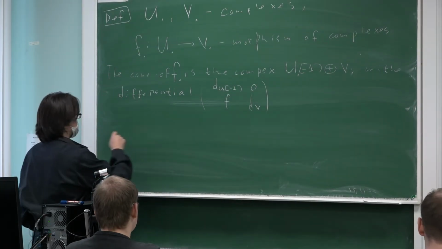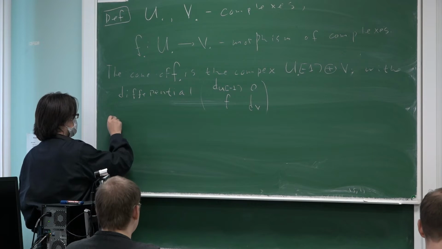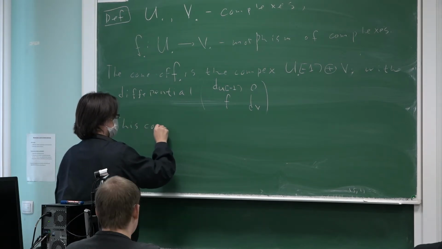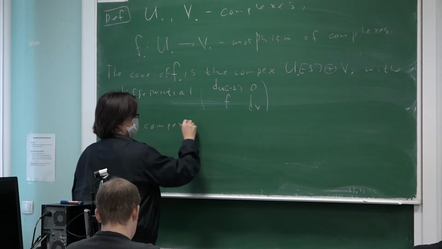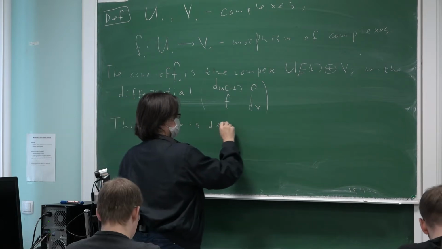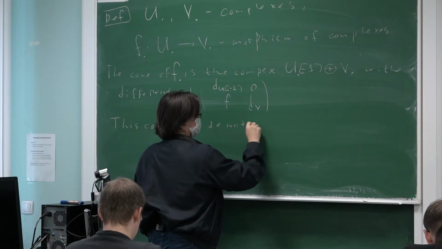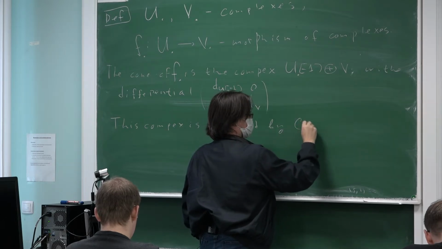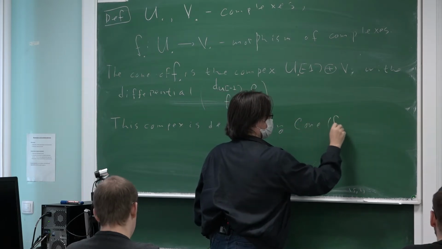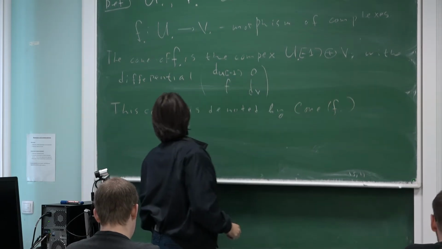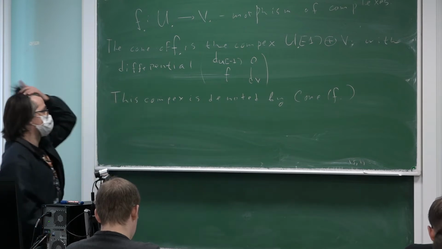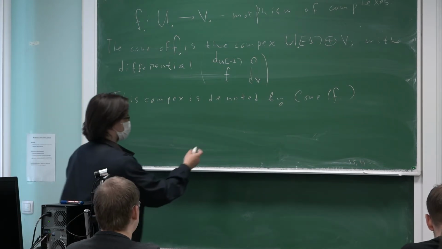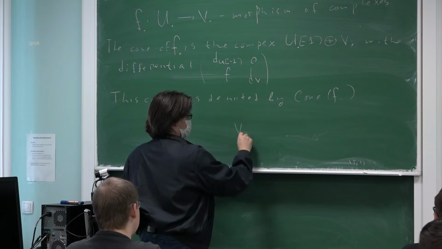I will explain in more detail what this means. This complex is denoted by cone f. So let us write down this complex, some part of it. Let it be v0.